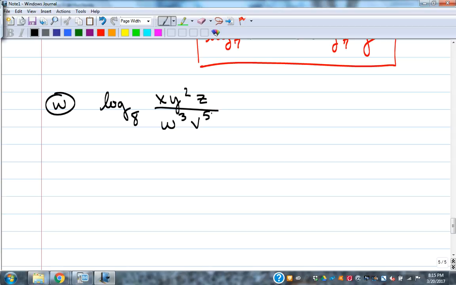I'm trying to find some letters. Lots going on in this one. Okay, so that'd be division. Yeah, the first thing we're going to do is subtraction. So log base 8 of x y squared z minus log base 8 of w to the third v to the fifth.